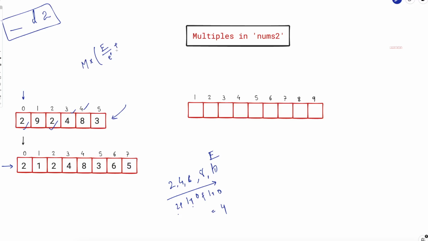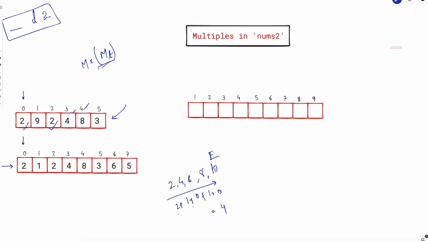Plus, after you figure out each of these elements, you are again iterating over all these elements to figure out their frequencies. So overall complexity is simply M cross the multiples of nums of J, right?